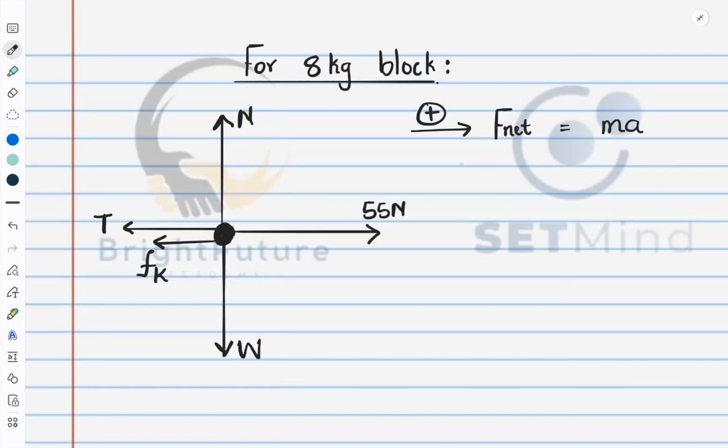So let's substitute. We'll have our 55, plus our tension will be negative in this case, plus also our friction will be negative, is equal to ma.